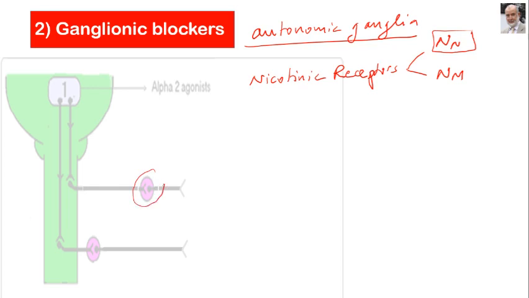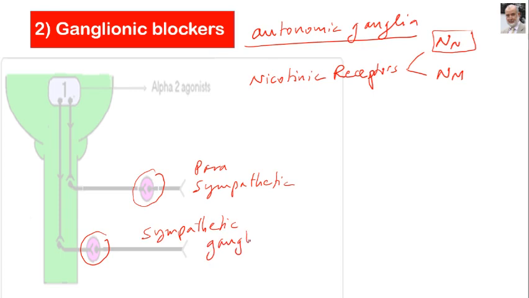Therefore, they will block both the sympathetic and the parasympathetic ganglia. That's why they are known as autonomic ganglionic blockers. They have a widespread action and will block all autonomic activity.